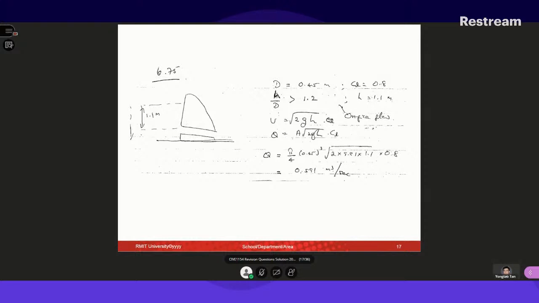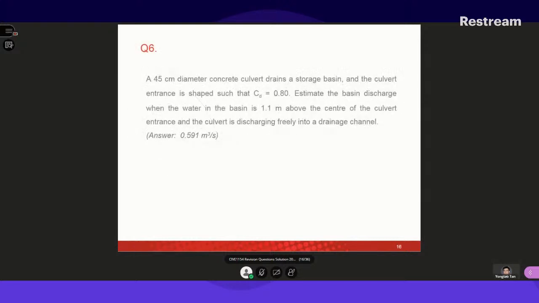So finally, you can get the answer here. This question is easier because it is type 3. You need to get two pieces of information from the question. The cover is discharging freely into a drainage channel, so one is that the exit is not submerged.